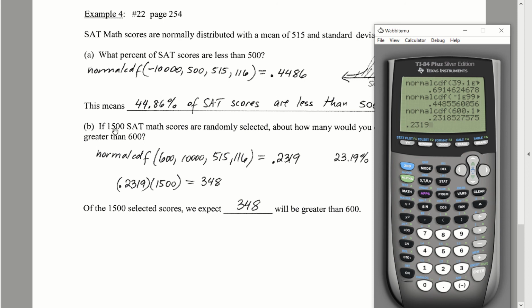Well, if we have 1,500 of these scores, then it's 0.2319 of them, so times the 1,500, would tell us how many we would expect to be greater than the 600. If we go ahead and multiply, rounding to the nearest whole value, it's going to be about 348 of those tests. So of our 1,500 selected, we would expect 348 of them would have a score greater than 600.